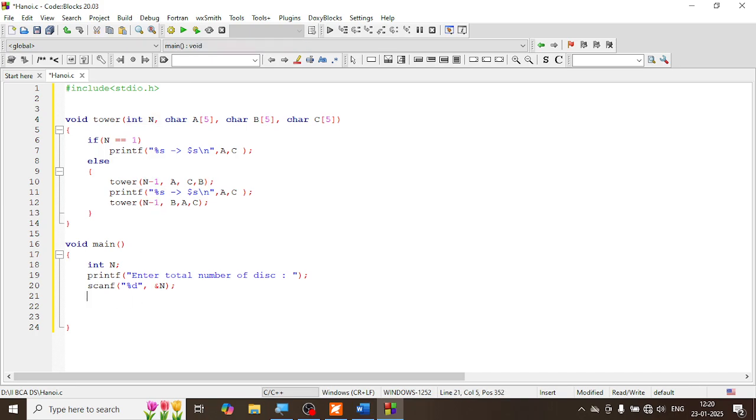You tell them the straightforward thing, they will trick you, and they will make your program fail. So to handle them, I'm going to say if n is less than one, at least one disk must be there, I'm going to say invalid input.